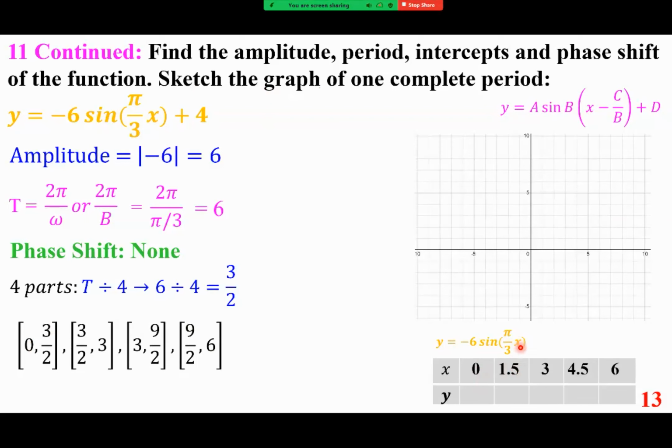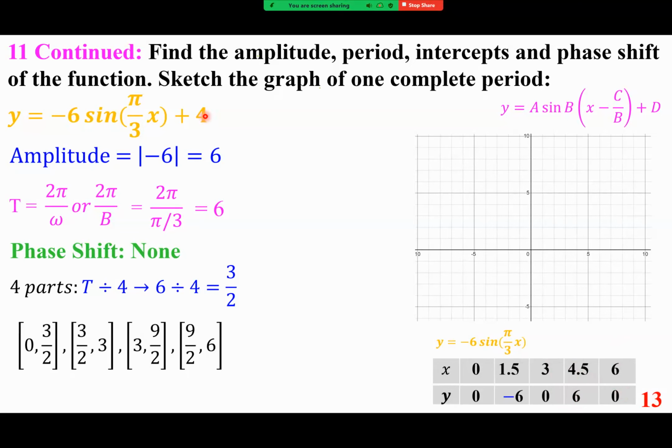If I plug in 1.5, 1.5 divided by 3 is half, so pi over 2, and you know the sine of pi over 2 is positive 1. This makes it negative 6. And you can continue with the rest of them. 3 gives you 0, 4.5 gives 6, and 6 gives 0. So those are the points for this.